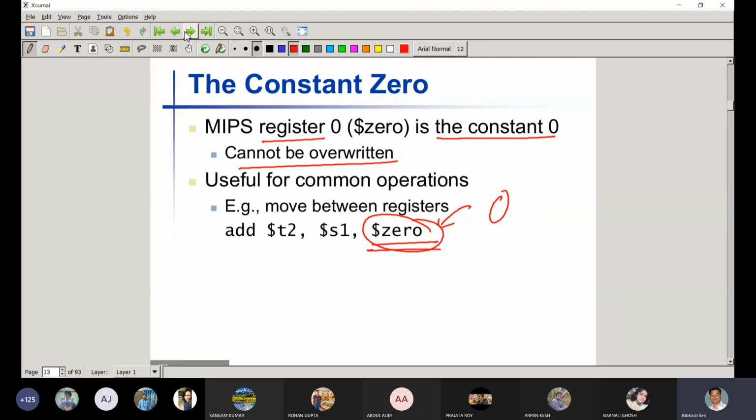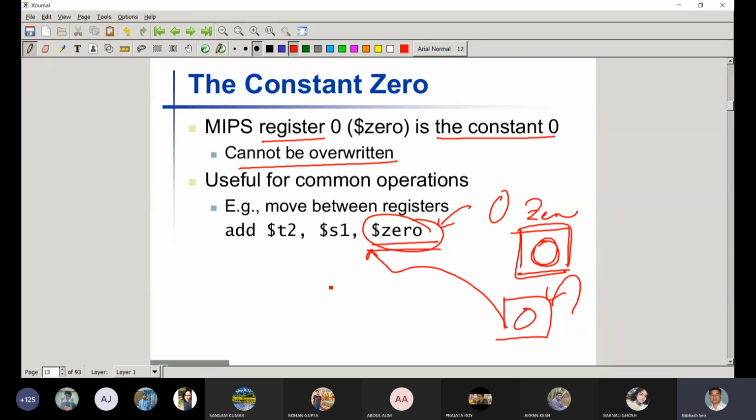So how will we specify the 0 in the register case? A register is there, whose name I have given as 0, which contains the value 0, so you can't overwrite it. Otherwise, what happens? Every time a register will be loaded with 0 and then 0 will be added. That means with $S1 and $S2, suppose S2 will be loaded with 0. To avoid this, I directly define a register with value 0 and call the register only, which is sufficient.